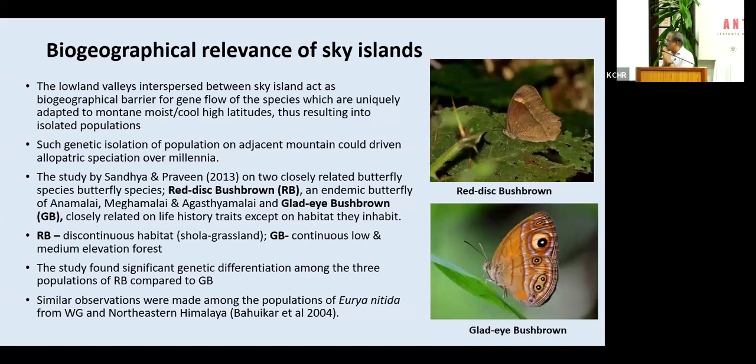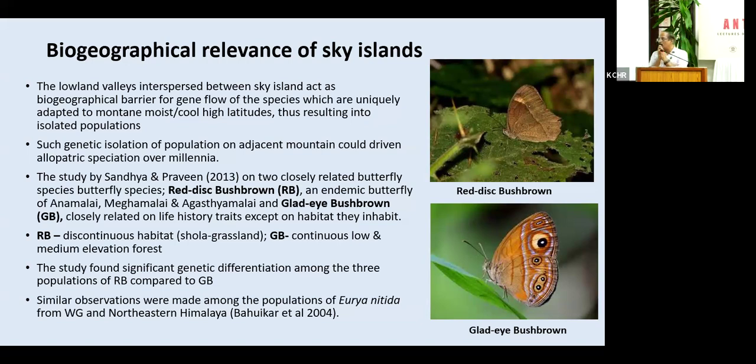Praveen, in the Institute of Science, studied this by taking two butterfly species: the red disc bush brown and the glad-eyed bush brown. He collected samples from three high range areas, the Anamalai, the Meghamalai and the Agasthyamalai regions, and looked at the genetic diversity.